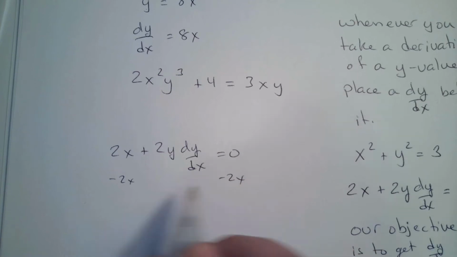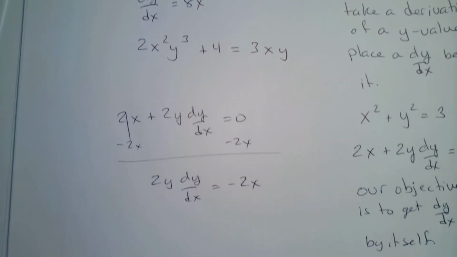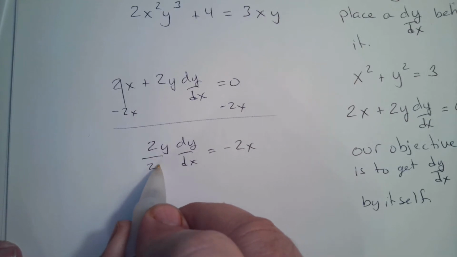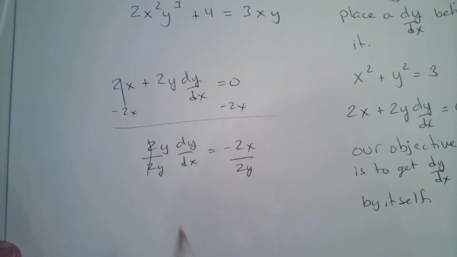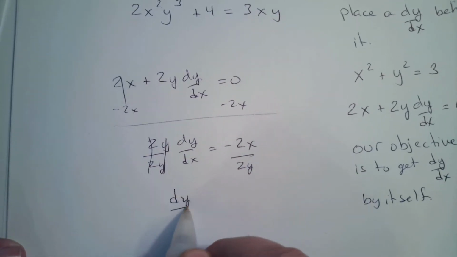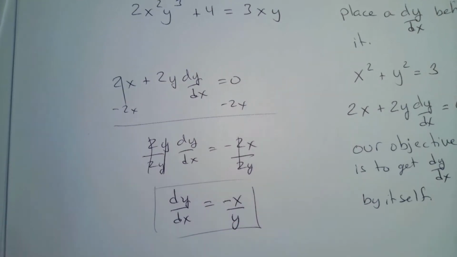Subtract 2x from both sides. Negative 2x. Divide both sides by 2y. So now we have dy/dx by itself. The 2's cancel, so we have negative x over y. And there we have it.